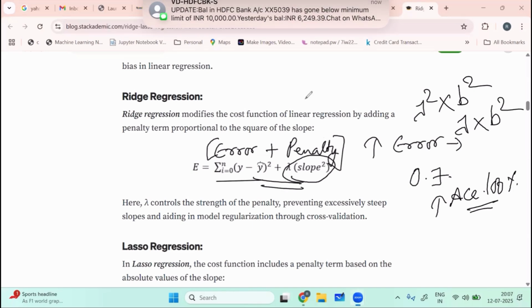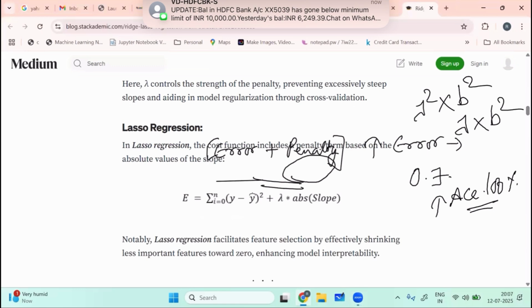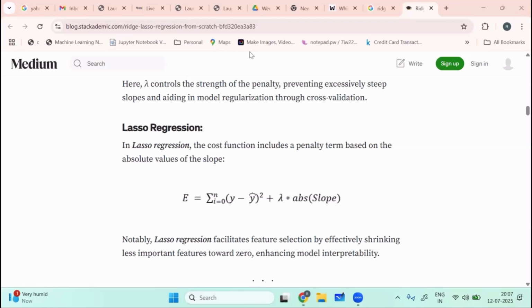See the difference with lasso L1. What is the difference? Let me clear this and annotate. The error part is the same, right? Plus this error equation, y predict minus y actual, the whole square. That's it. Error, root mean square error, you can say.